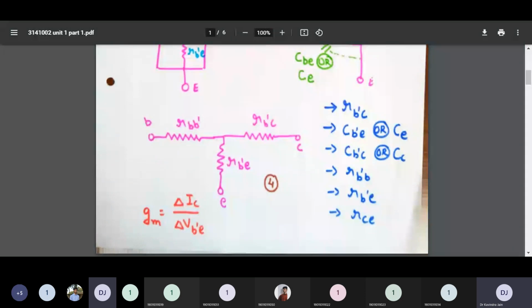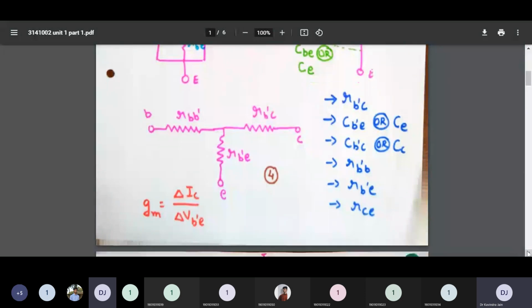This transconductance is calculated at constant VCE.